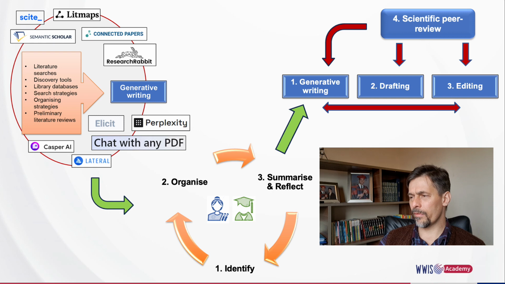Now, you might have different partners, collaborators, in your topic discovery phase. It's really useful in that phase to go and speak to your subject librarian, because a subject librarian can really help you with the early phases of identifying literature, based on the keywords that you give to that subject librarian.